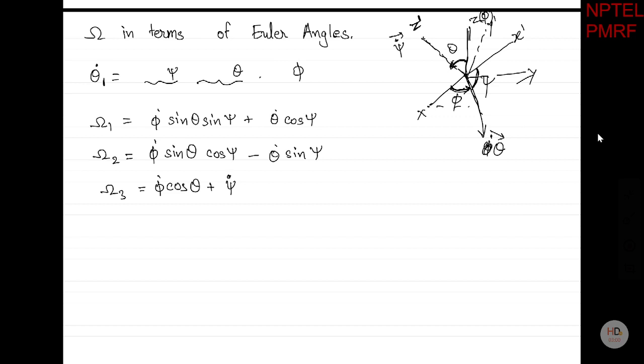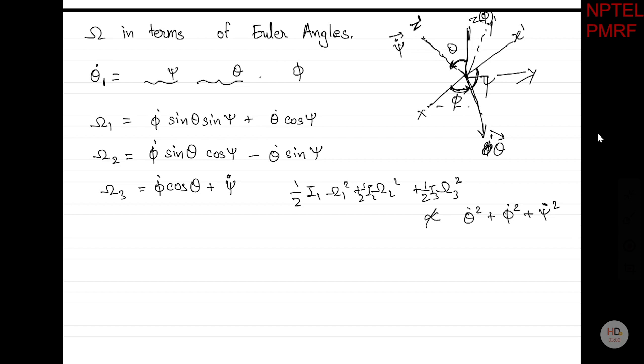One thing you can notice is that omega 1 square plus omega 2 square plus omega 3 square, rather half I1, half I2, half I3 times these, would be your kinetic energy, right? And this in general is not proportional to theta dot square plus phi dot square plus psi dot square.